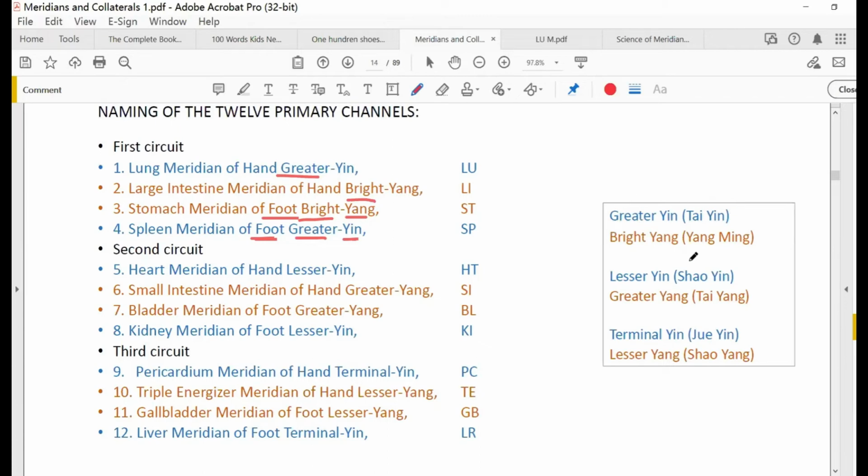So it's summarized here. In the first circuit, the yang meridian is called bright yang, the yin meridian is called greater yin. In Chinese, that's Tai Yin. Bright yang is called Yang Ming.